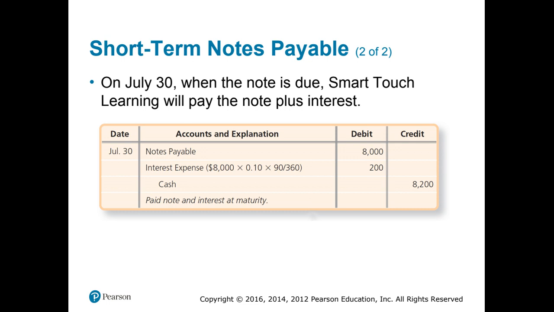To calculate the interest expense, we're going to take the $8,000 note times 10%, because it was a 10% note, so times 0.10. And then it was a 90-day note, so we're then going to multiply that by 90 days out of a year. And for a year, they use 360 days. So just make sure that you note that, refer back to this. A year is 360 days.